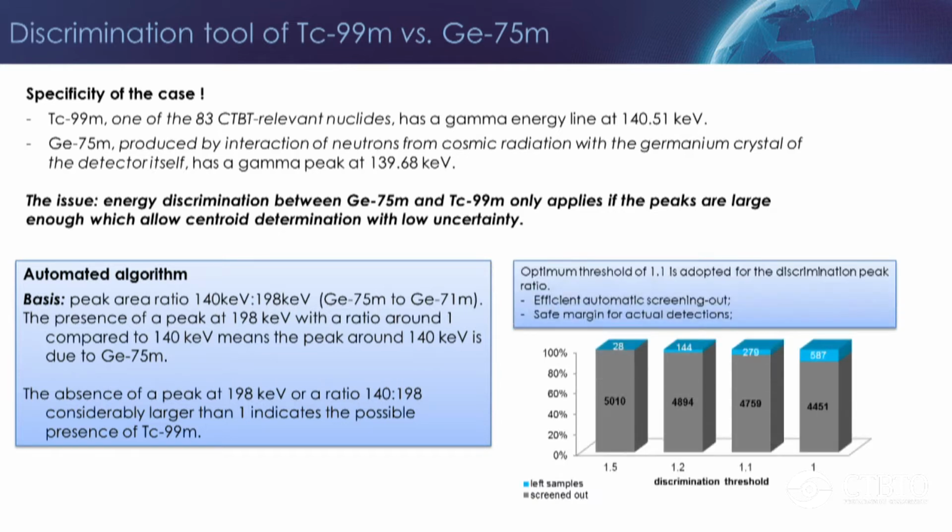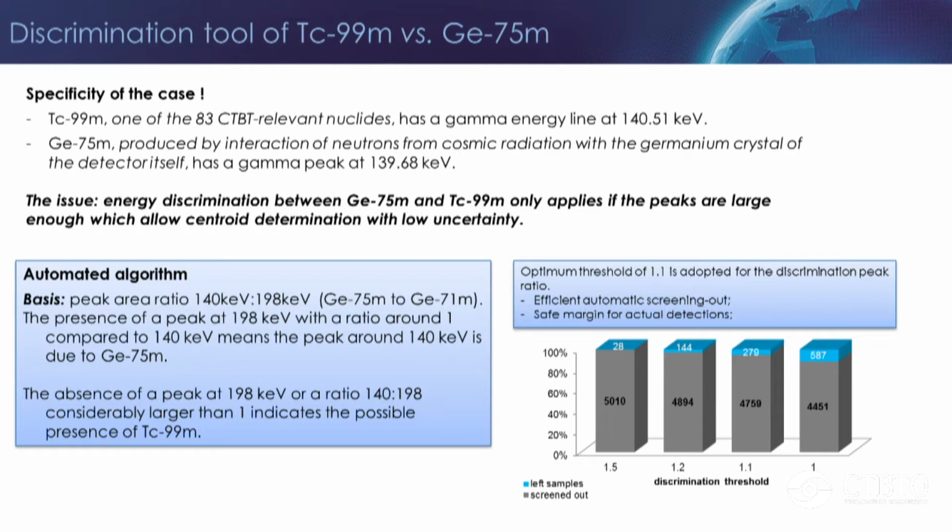And then by doing this, we needed to define a threshold for the algorithm in order to take the decision. We considered a couple of values between 1.5 and 1.